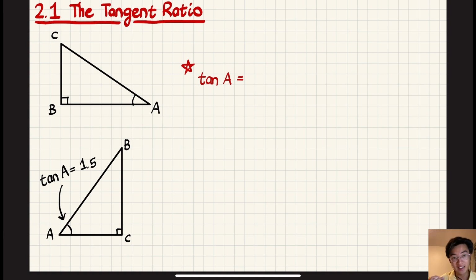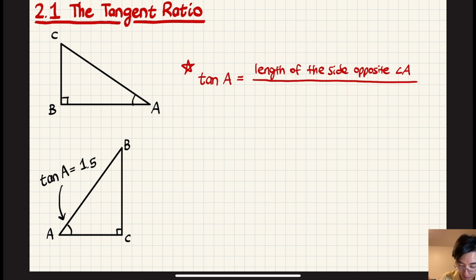So using angle A, tangent A is the length of the side opposite to angle A over, or as a fraction, over the length of the adjacent side.